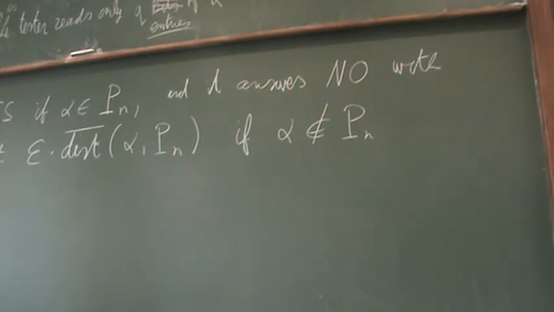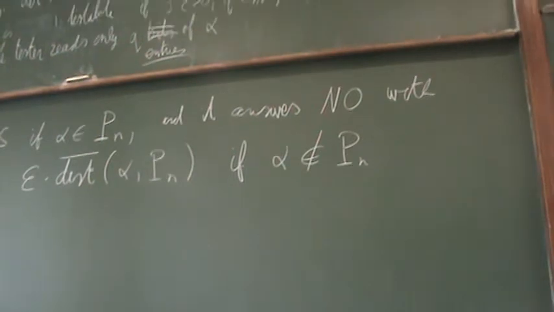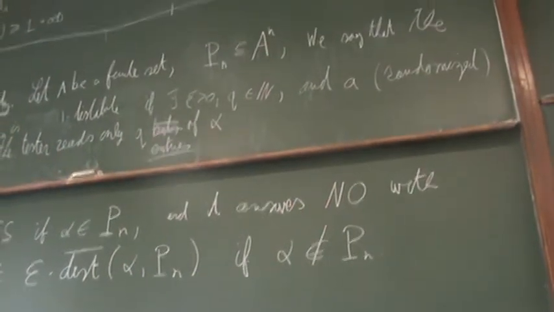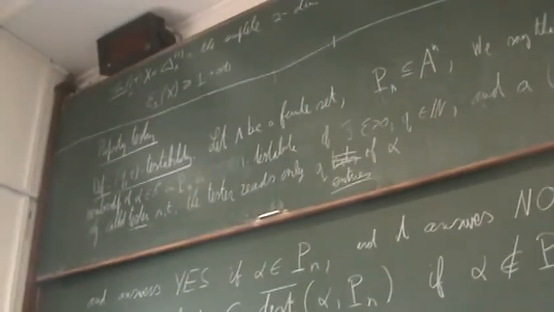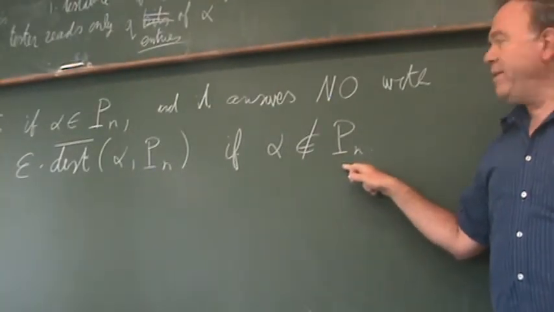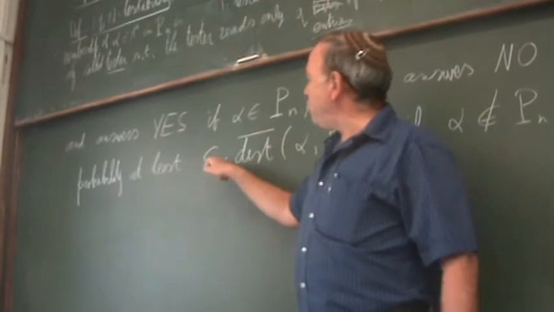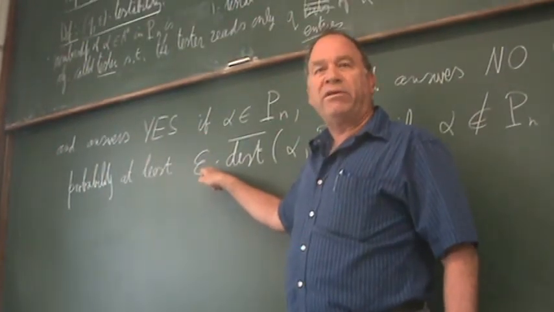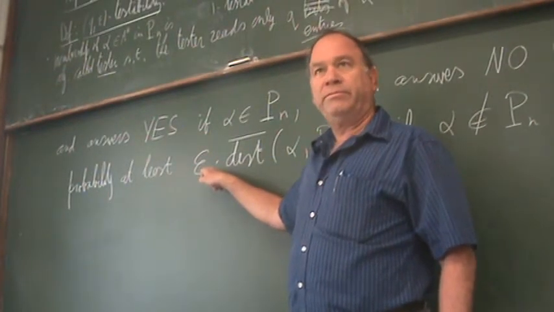If alpha is not in Pn, then maybe you make a mistake, of course. You can see that must be the case. But if alpha is really far from Pn, then there is a large probability that you will detect it by this random algorithm.